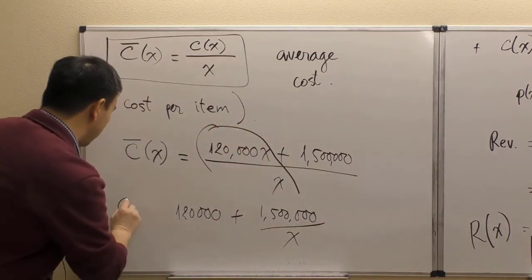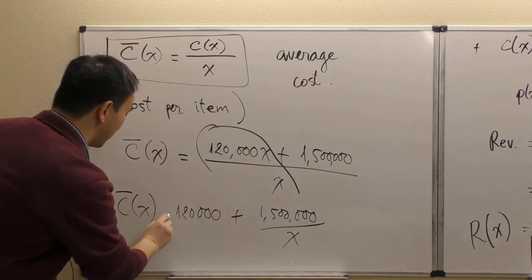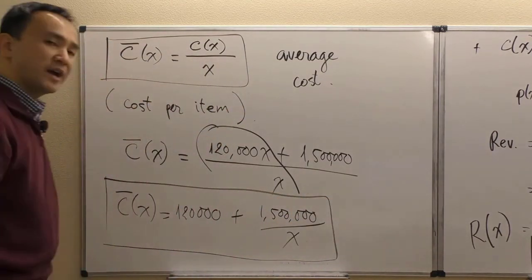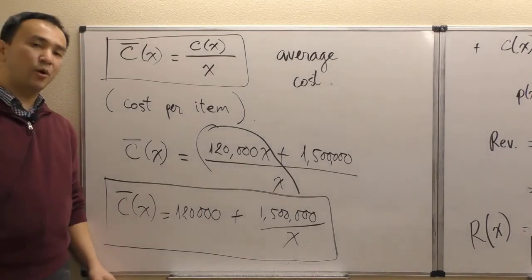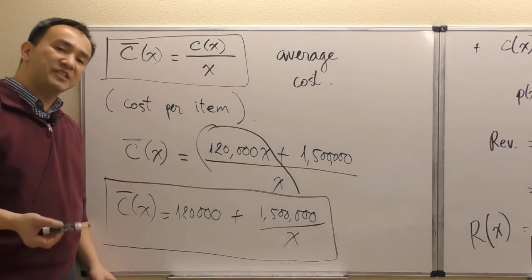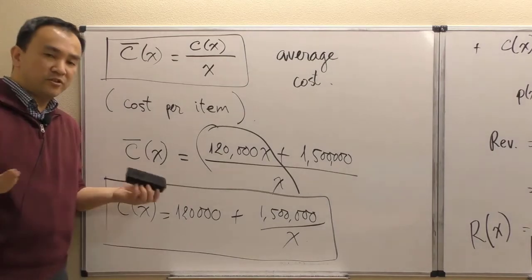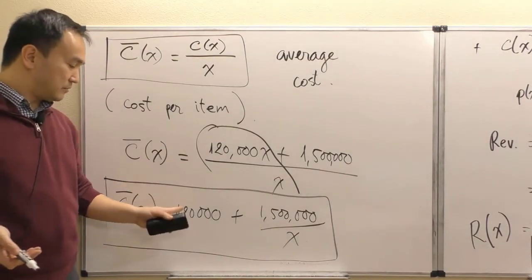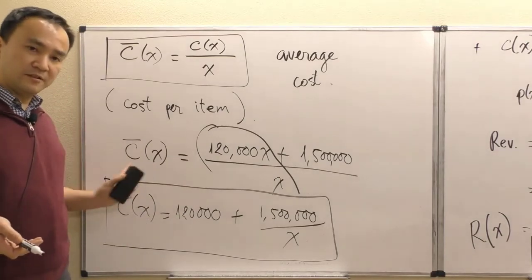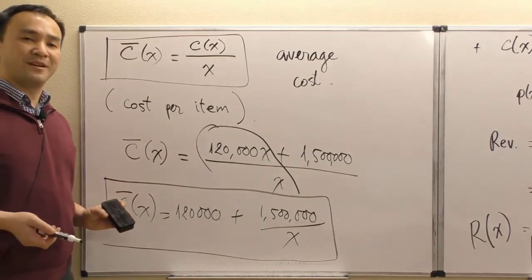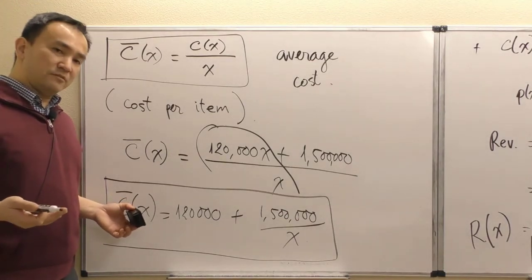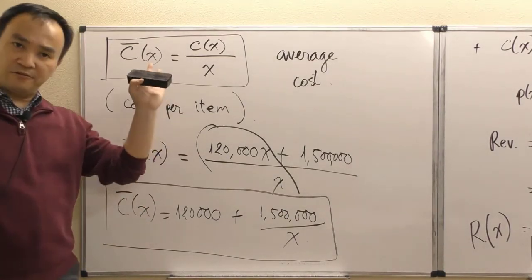But ladies and gentlemen, this is our average cost function. It models how much it costs us in total. Then on average, if we plan to make x items, each item costs us based on this average cost function. So that's something else we can do with our valuable information that we have found.